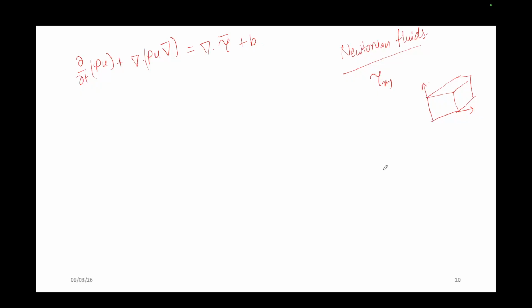Before this, let me show what tau xy is. What does x indicate? x indicates the direction normal to the surface, and y means the direction of force.